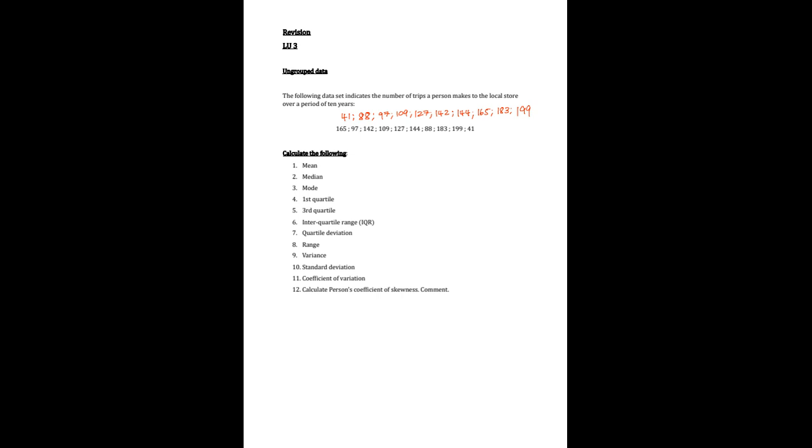So you will literally get a mark just for taking your values and placing them in ascending order, which is easy, free marks that you really don't want to lose out on. So that's the first thing we're going to do before even getting to those calculations. Rearrange them, put them into ascending order, because a lot of the calculations do require it. It just makes it easier to have it like that from the beginning.